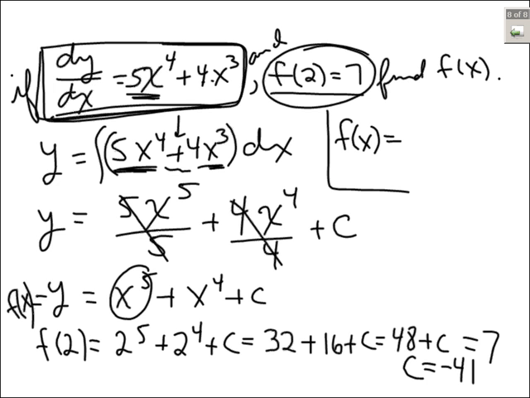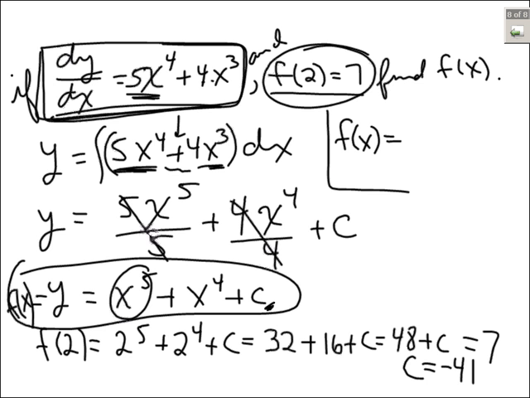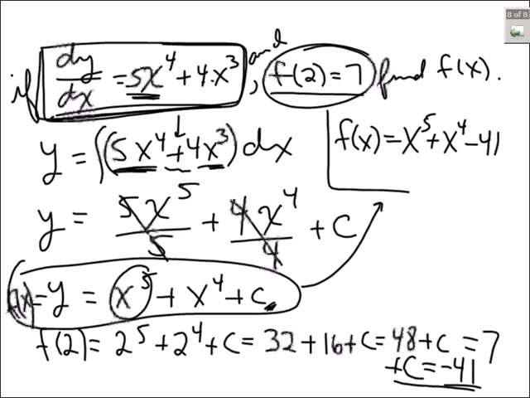That f of x is equal to, I'll get it from right here, and I'll use the fact that positive c is negative 41. So f of x is equal to x to the fifth plus x to the 4th, and plus c is negative 41. There it is. C needs to be negative 41, so f of 2 is 7.